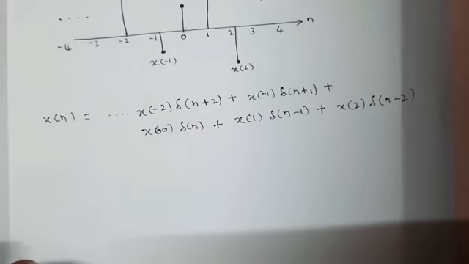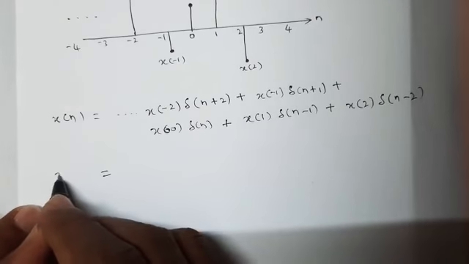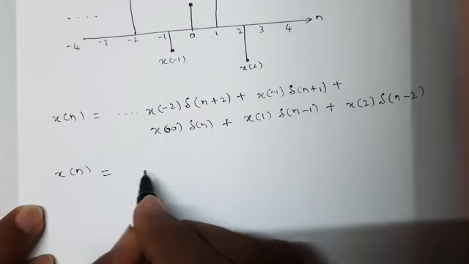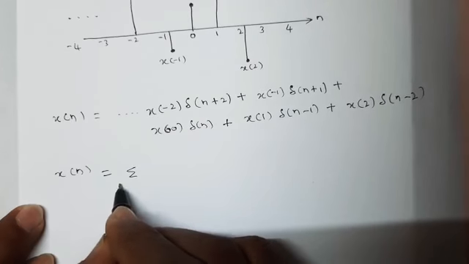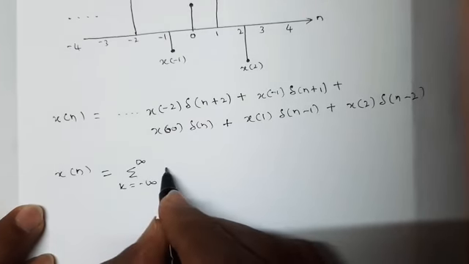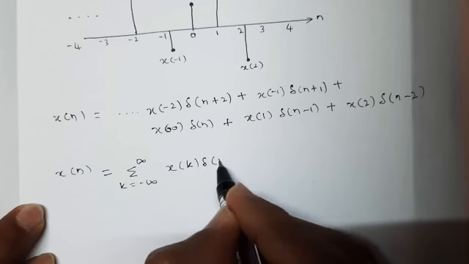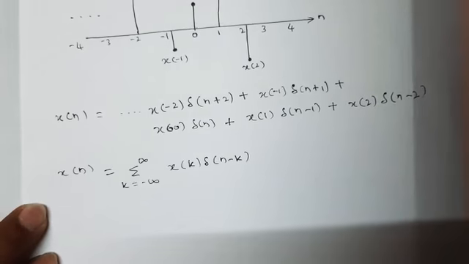The same sequence now can be written as x of n is equal to summation k equal to minus infinity to plus infinity x of k into del of n minus k.